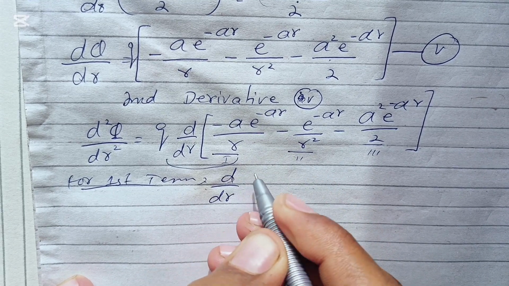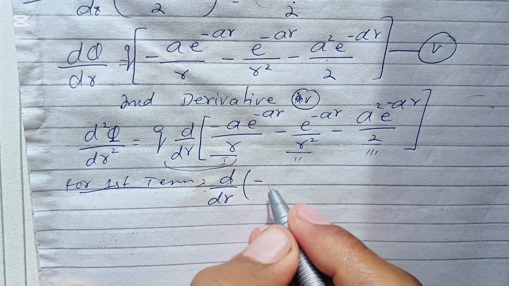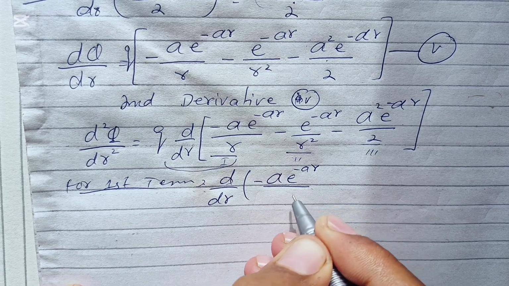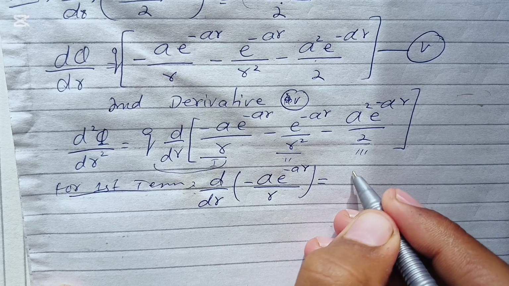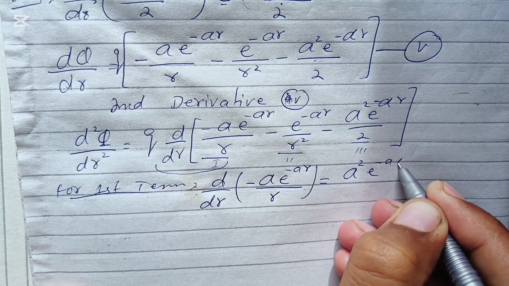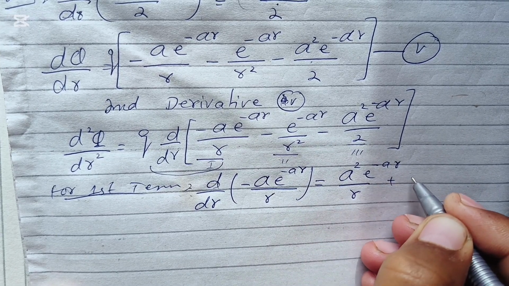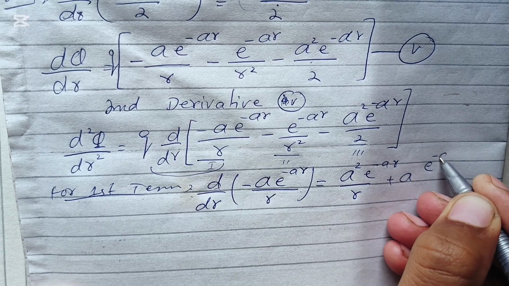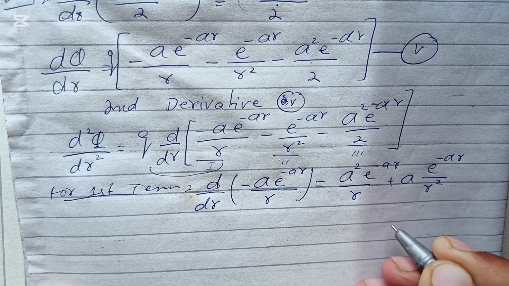d/dr of minus alpha e^(-alpha r)/r, which is equal to alpha square e^(-alpha r)/r plus alpha square, then this will become plus alpha e^(-alpha r)/r square.